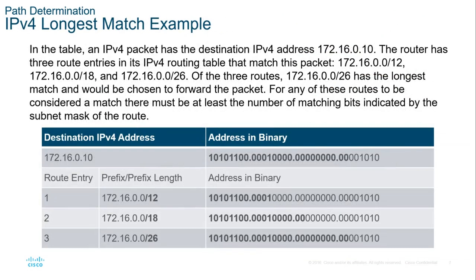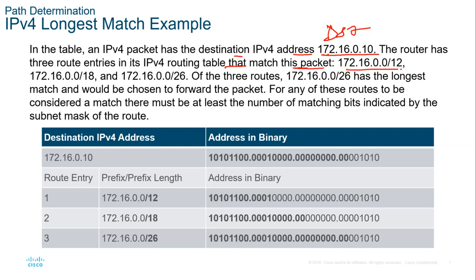So we have an example here where the IPv4 packet has this destination address. The router has 3 route entries in its routing table that match this packet.